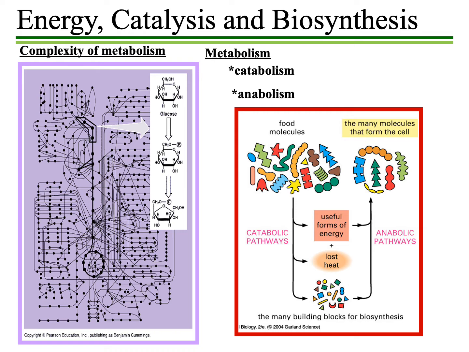With catabolic reactions, you typically see a release of energy. A great example of catabolic reactions or catabolism is the process of cellular respiration. We'll talk about cellular respiration in a few lectures down the road in a lot more detail. But in general, cellular respiration is a process where glucose and other food or fuel sources are converted into carbon dioxide and water.